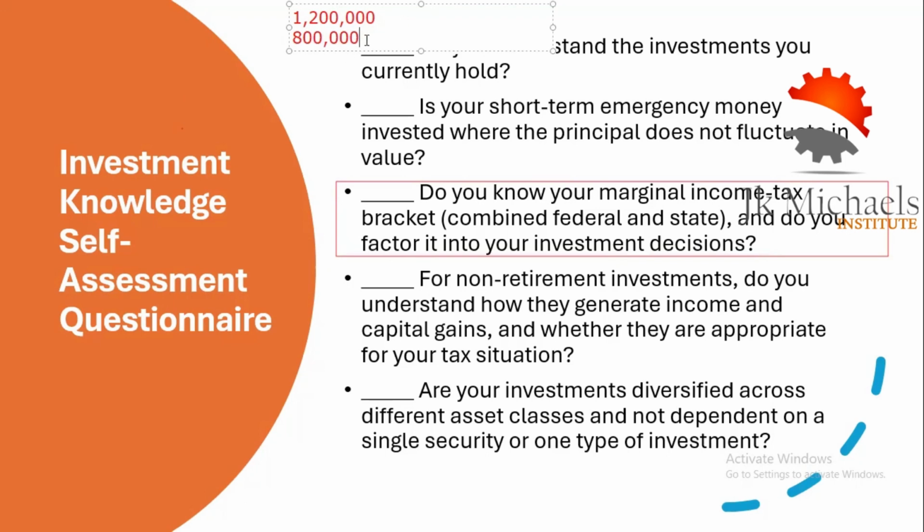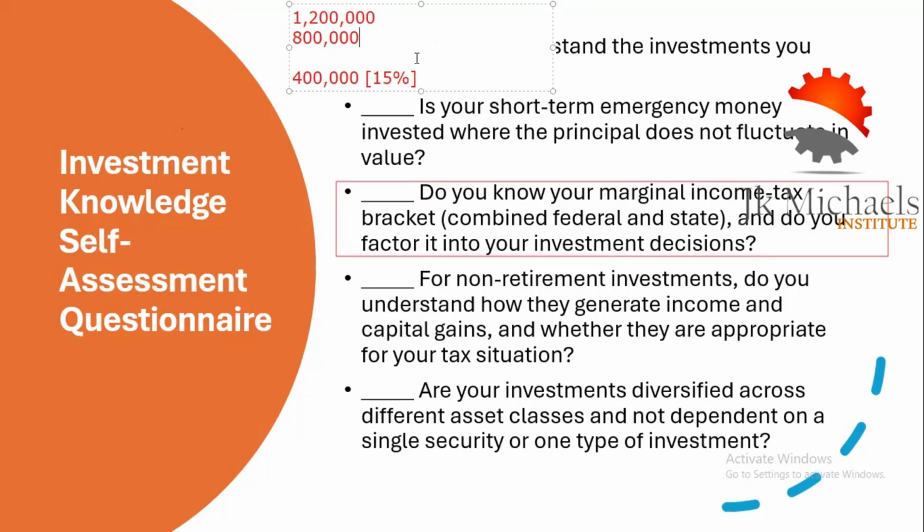Now, 800,000 from 1.2 million gives us 400,000. So 400,000 is exposed to the first level of taxes, which is about 15%, right? So we have 800,000 that is not taxed, right?